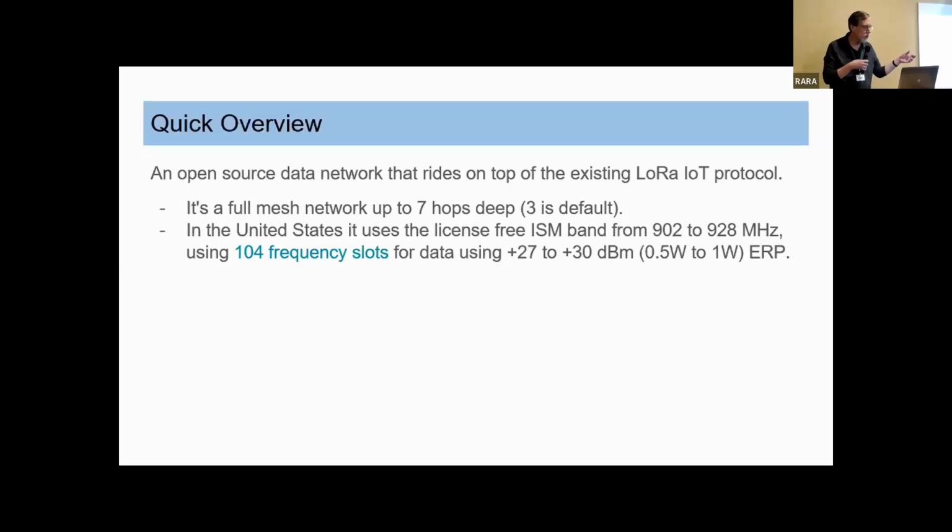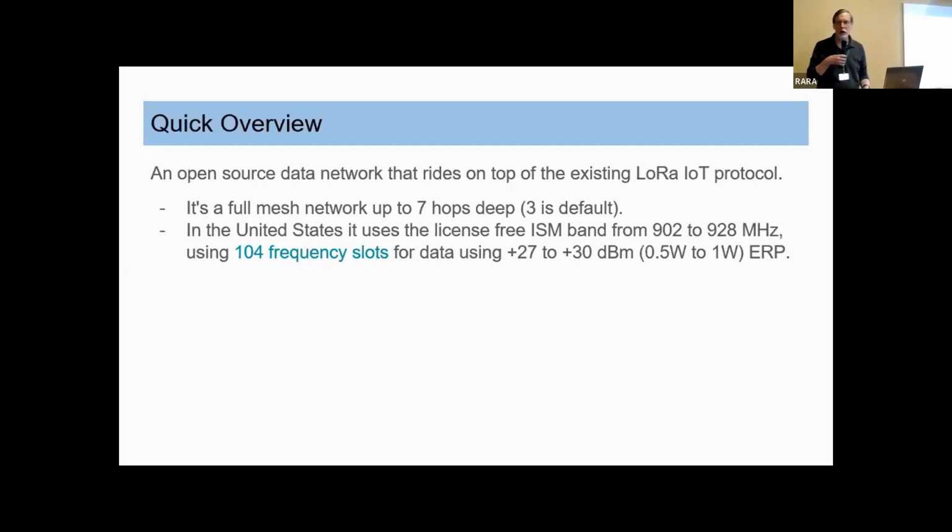It's between 902 and 928 megahertz. And oh, by the way, somebody here in the audience is probably going to think, wait, that's the 33 centimeter ham band. And it is. It's shared space. But Meshtastic isn't ham radio.